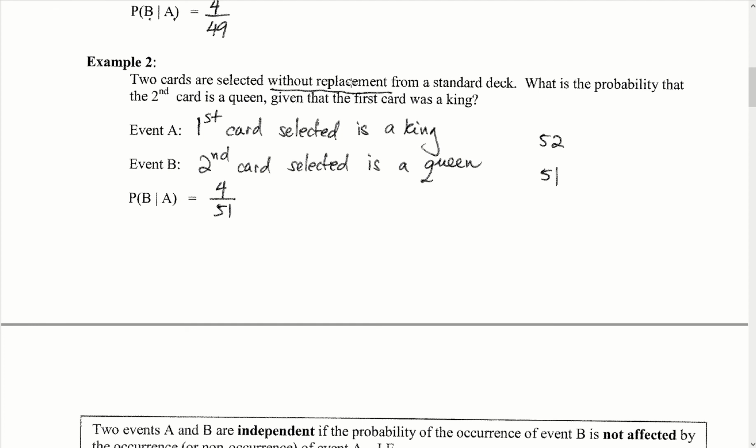We're given that A occurred, so we reached into our deck of 52 cards, selected one of the kings, and removed it from the deck. When we go to make our second selection, there are now 51 cards remaining. Because we didn't select a queen yet, all 4 queens are still left in the deck. So the probability of selecting a queen, given that we selected a king, is 4 out of 51.